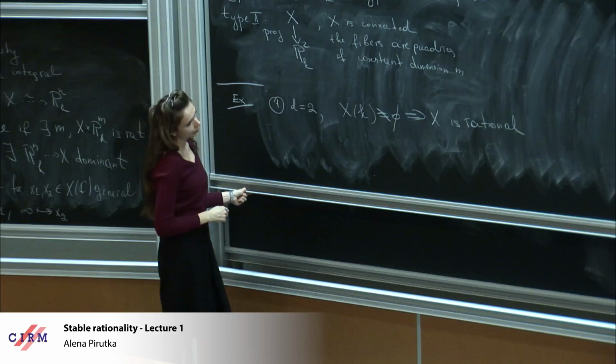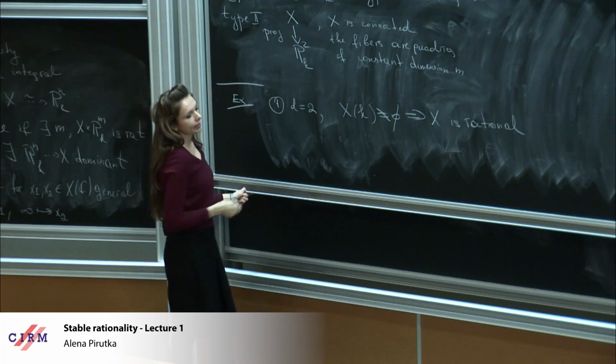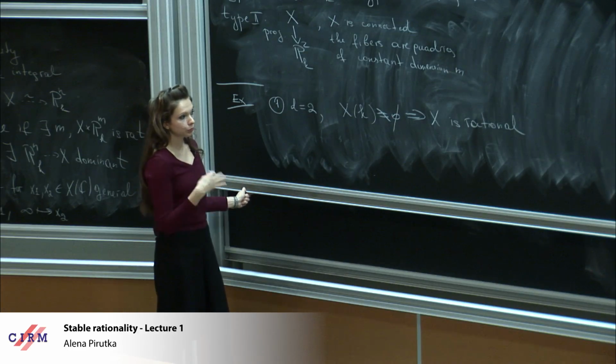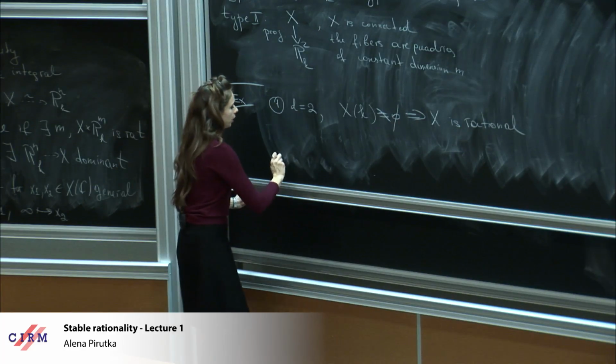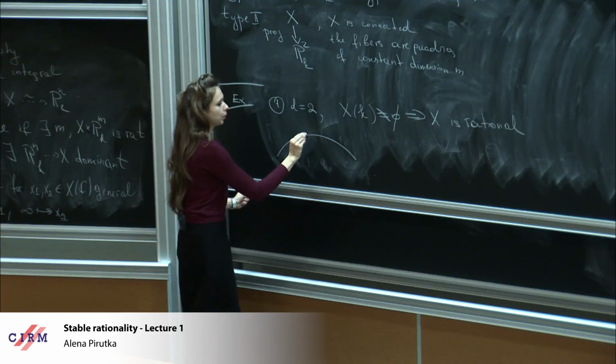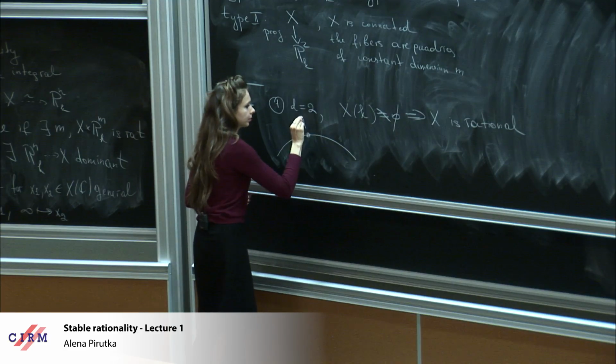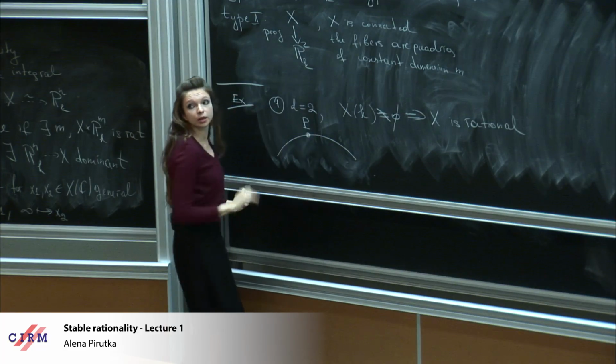Okay, so in many examples of proofs of rationality, it's going to be explicit in this case. So here is my quadric, and here is a point, a rational point.